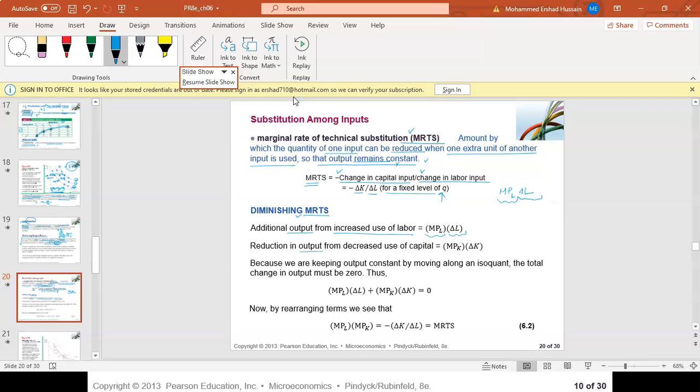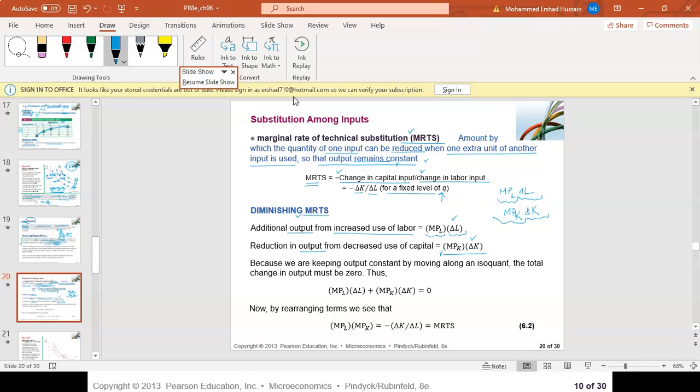Now the reduction in output from decreased use of capital. We are increasing labor but decreasing capital. How much will output fall when we decrease capital by delta K? We multiply delta K by the marginal product of capital, MPK.